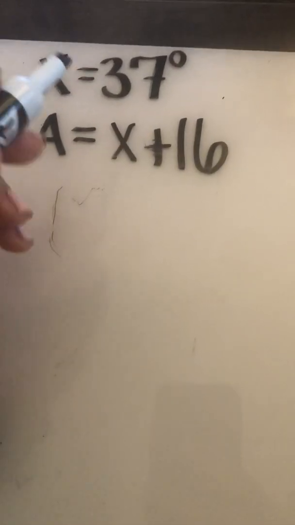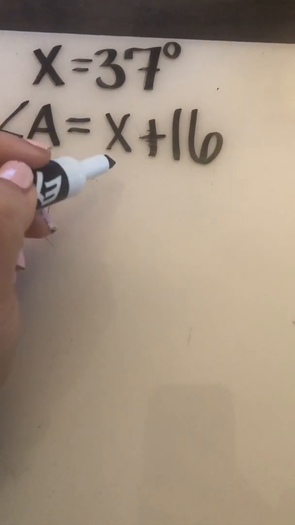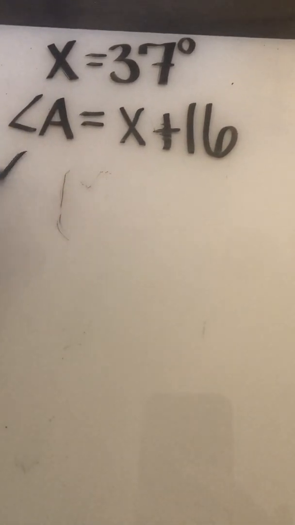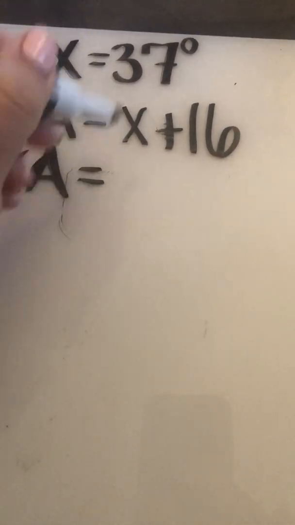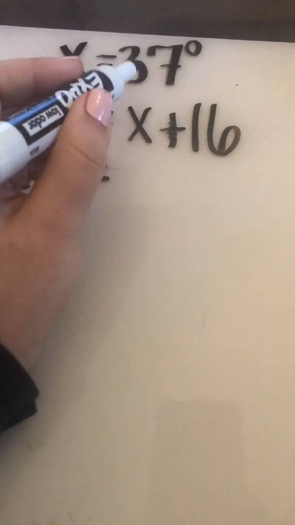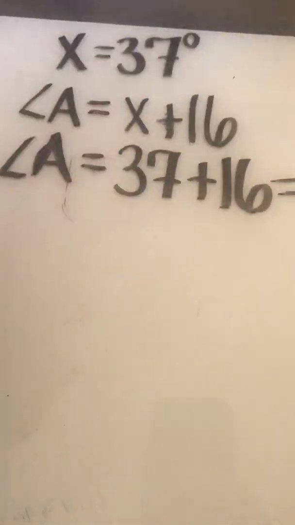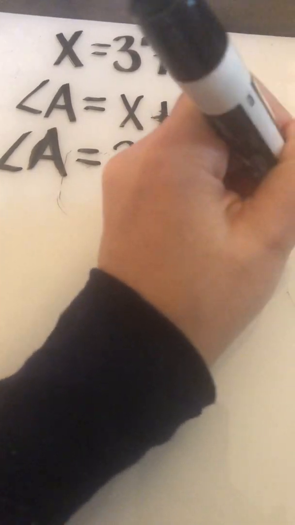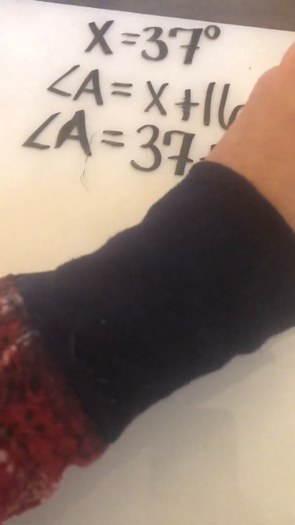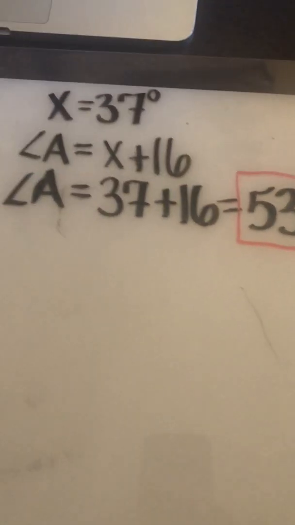What I do is I take what x is and plug it in. We're not going to write x anymore, we're going to write what it equals, 37. So 37 plus 16 gives me 53 degrees. So I now know that angle A is 53 degrees.